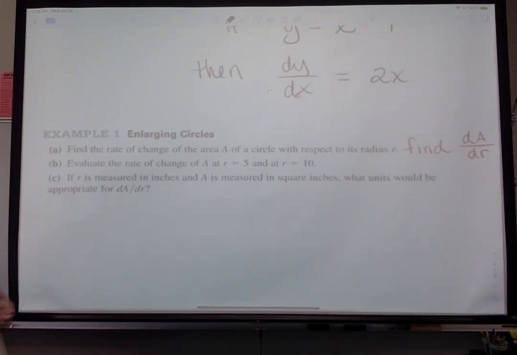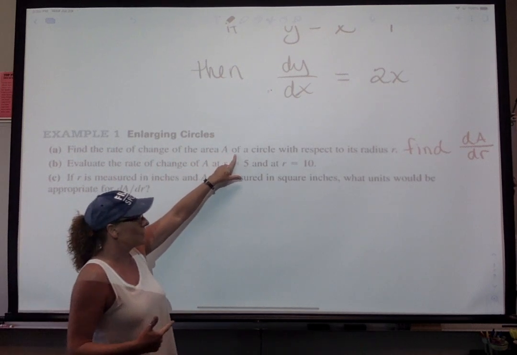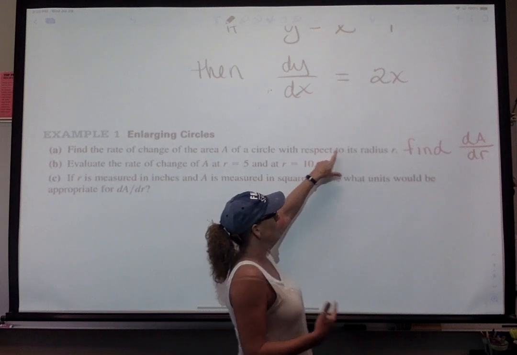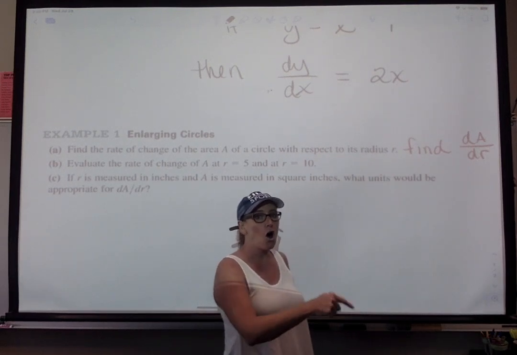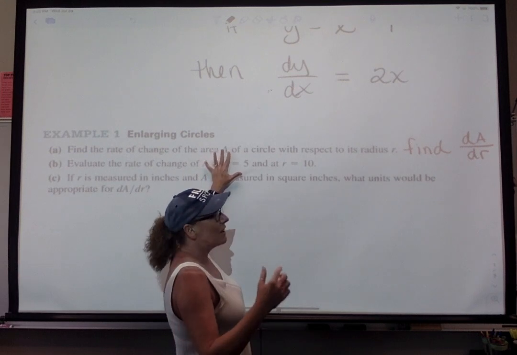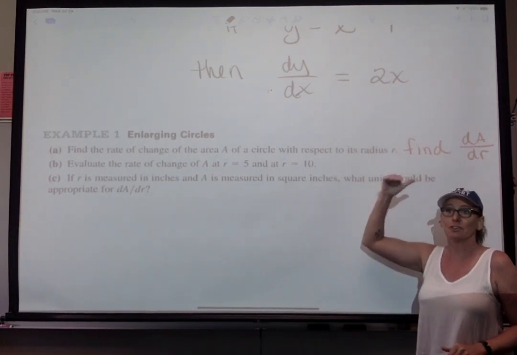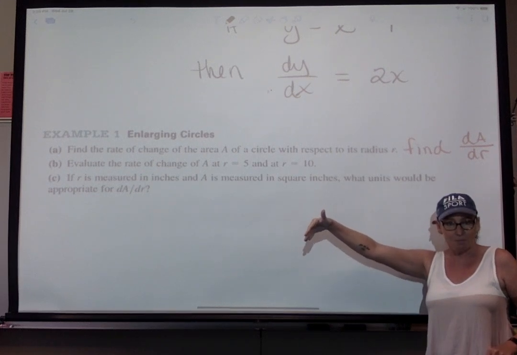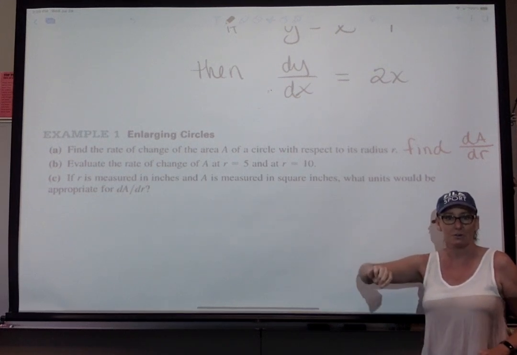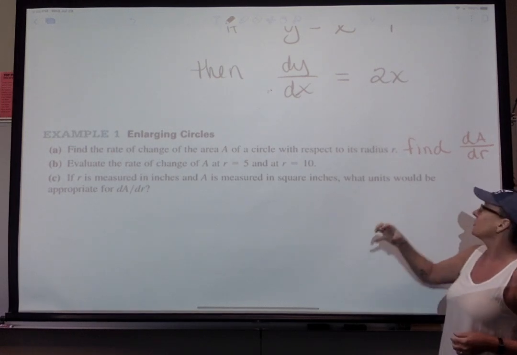So for number 1, part A, find the rate of change of the area of a circle with respect to R. So find the rate of change of A with respect to R. You need to recognize it's asking for instantaneous rate of change, derivative. Those phrases have to be stuck together in your head.